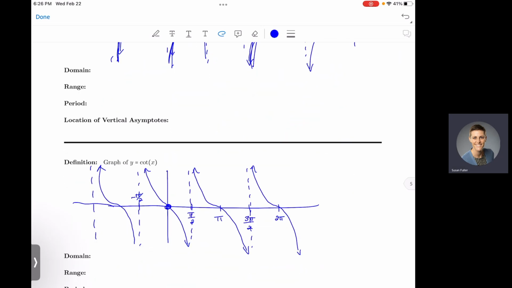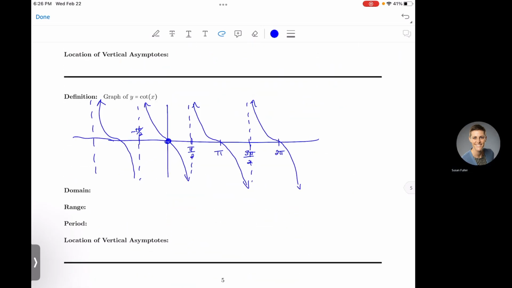Okay, let's keep going. Cotangent. Okay, so this is our graph of cotangent. Again, let me find my y-axis here and dot that in. So if this is our axis of symmetry here, is my left side a mirror image of the right side? No, this does not have a mirror image on the other side, so it's not even.